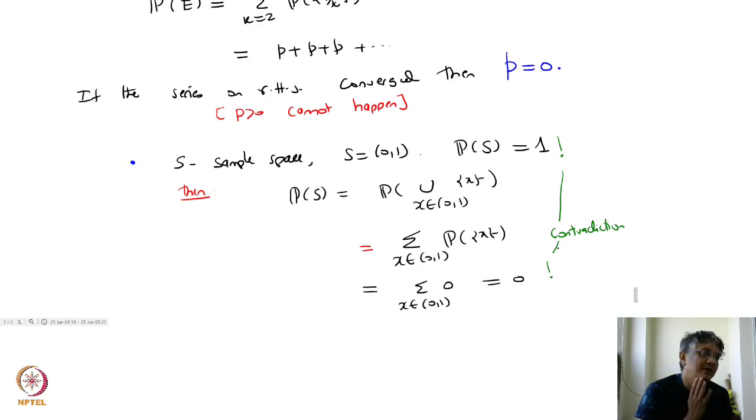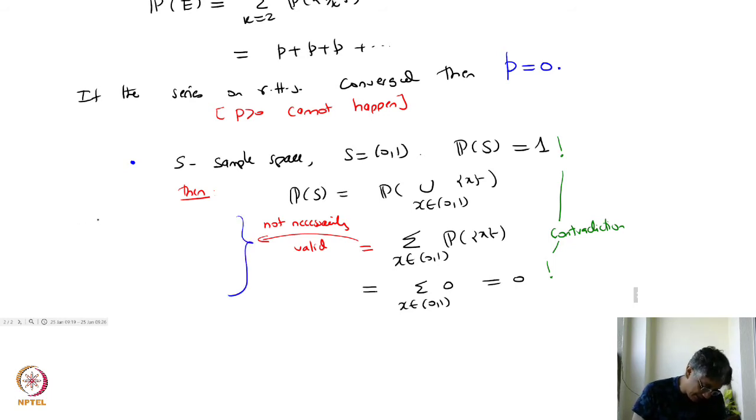But this may not be a strict contradiction, because we have made one violation: you may have already noticed that this step is not necessarily valid. And why is that? Because of the following fact. What does probability mean? It means that if E_k, k equal to 1 to infinity, are disjoint, then the probability of the union of the E_k is the sum of the P(E_k).